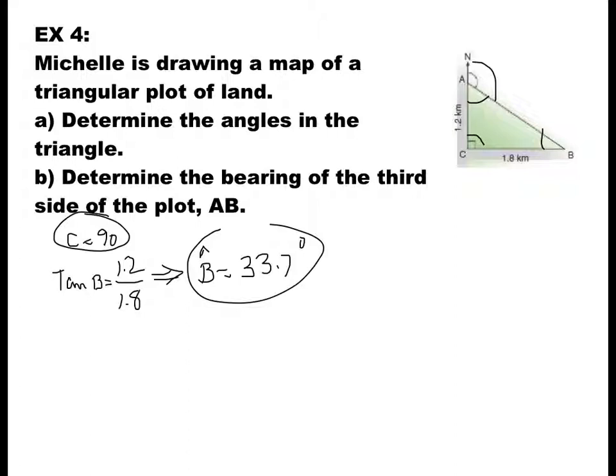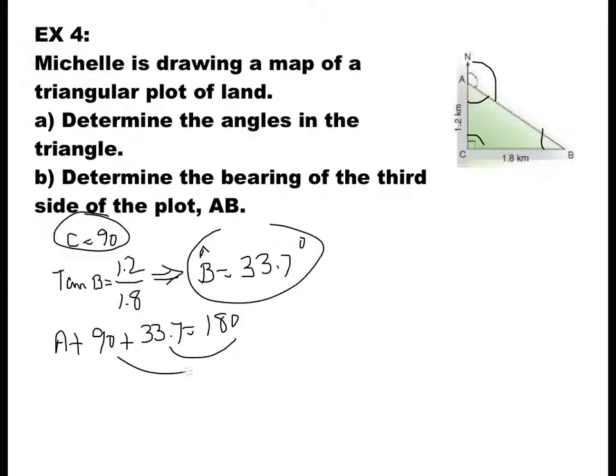Now, there are two ways I can find A. Either I use the fact that the sum of the angles inside the triangle is 180. So I can say that angle A plus angle C, which is 90, plus 33.7 is 180.